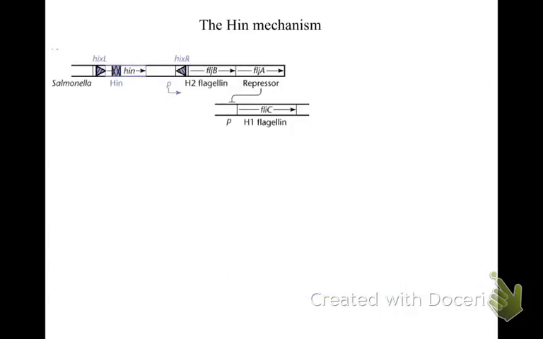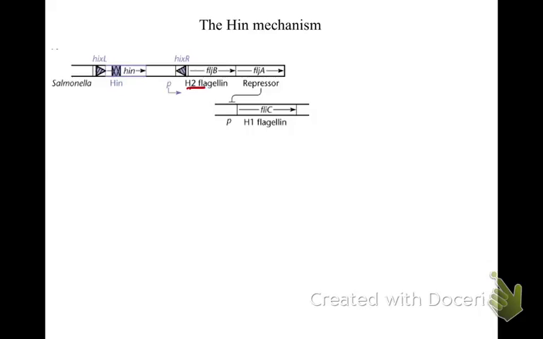Let's look a little bit more at the Hin mechanism. This is a figure from your book. Again, FljB gives us one flagellin. It's actually called H2. And these are designations that actually, when you see pathogens referred to, sometimes they'll be given an H number, and that refers to the type of flagellin that they make because it's very important.